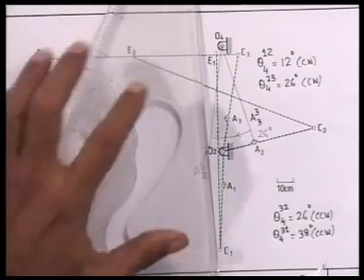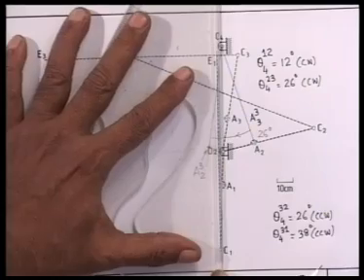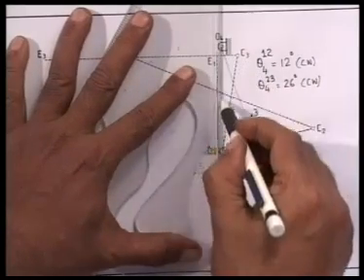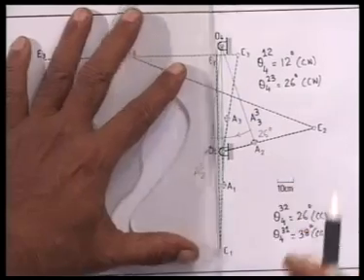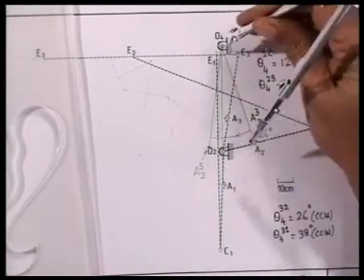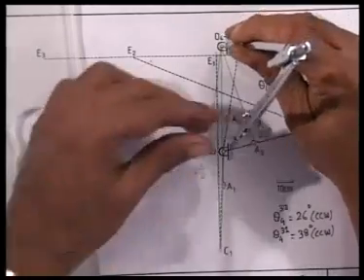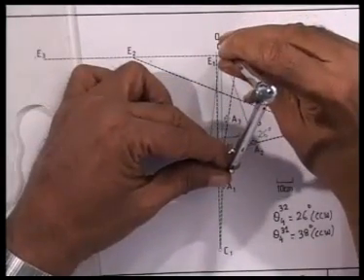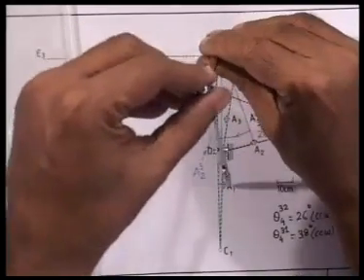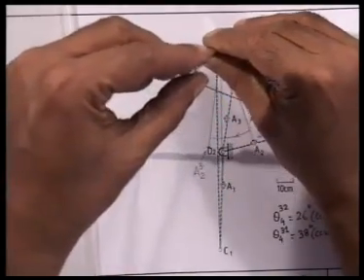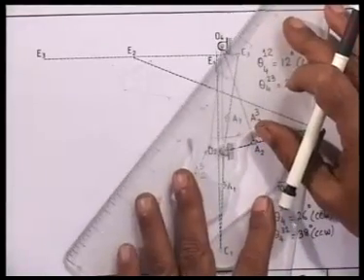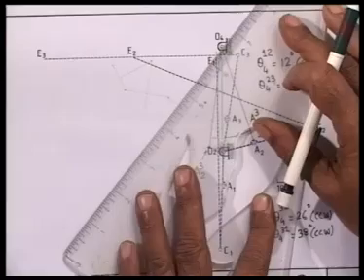So this is the line O4A1, and I rotate this about O4 through 38 degree in the clockwise direction.